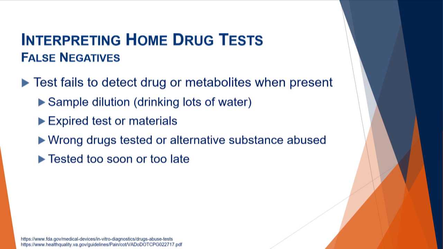Maybe the person taking the test has drunk too much water beforehand. The test itself, or the components of the test, could be expired, so it's important to check the expiration date. The wrong test could be purchased and the wrong drugs could be tested for, which is why it's important to read the label and know what you're being tested for.